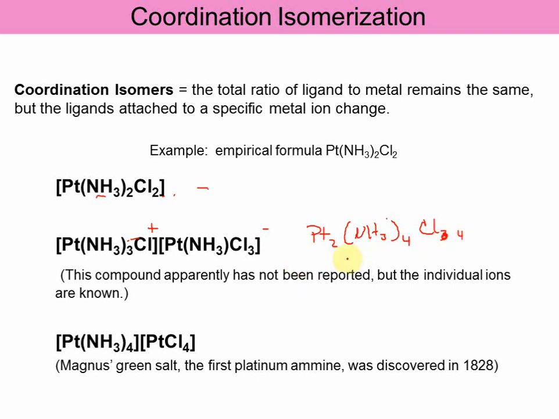Or we can have Magnus's green salt. So this is a platinum, this is a 2 plus complex, and this is a 2 minus. So again, there's still a ratio of 4 amines to 2 platinums and 4 chlorides to 2 platinums, so you still get the same general ratio. So these are all examples of coordination isomers.